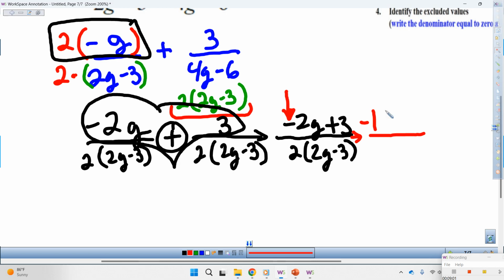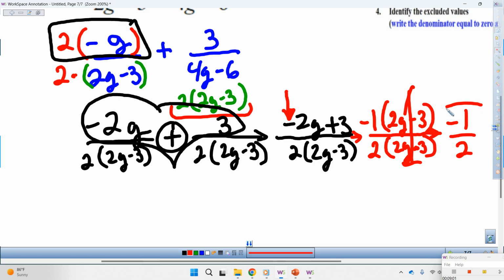Negative 1, that is correct. That leaves us with 2G minus 3. The denominator we have 2, parentheses 2G minus 3. And what do you notice there? The 1, which is? Yes. Answer, negative 1 over 2.